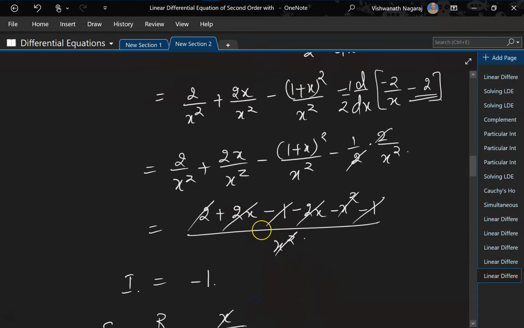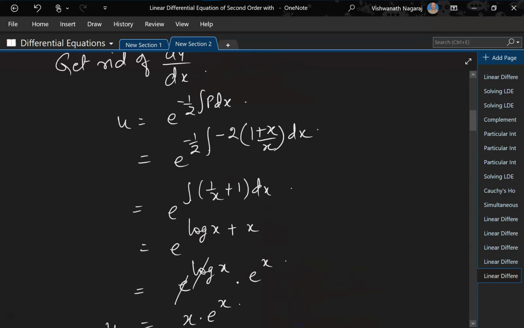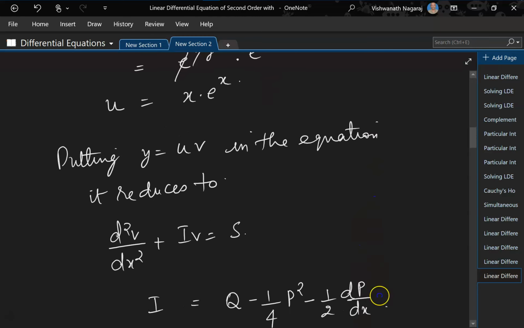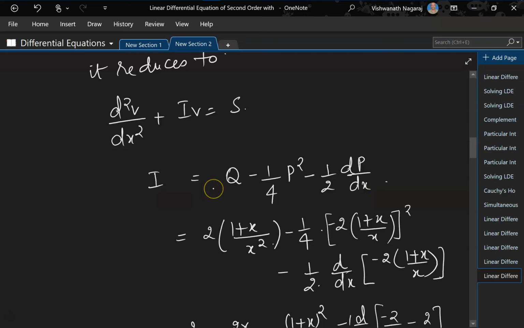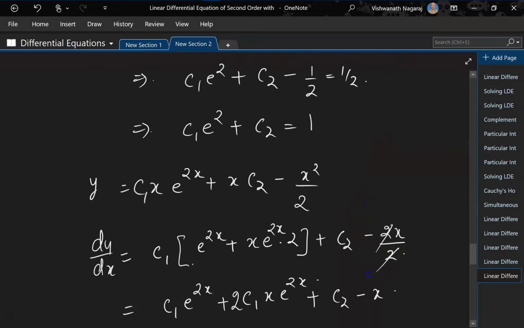All this we have already seen. So the main thing here is to figure out this u to get rid of the dy by dx. And you have to remember this I is equal to this and s is equal to r by u, so that is changing the dependent variable.